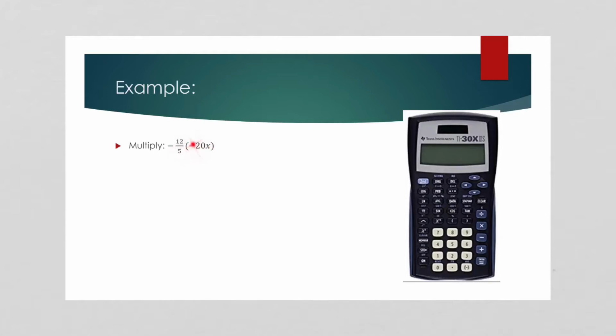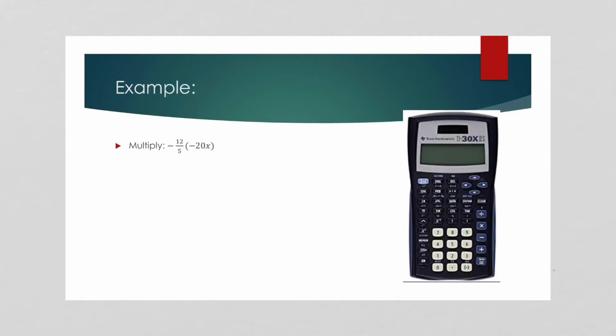You can do the other parts on the calculator. So you would type in negative 12, hit your fraction button, and then 5, times negative 20, and then enter.